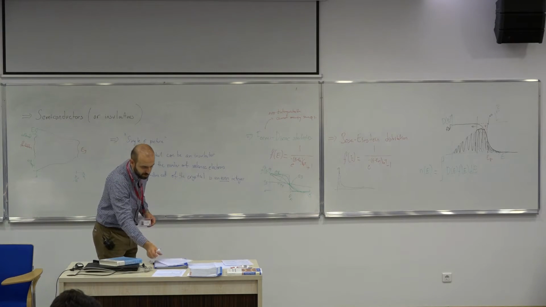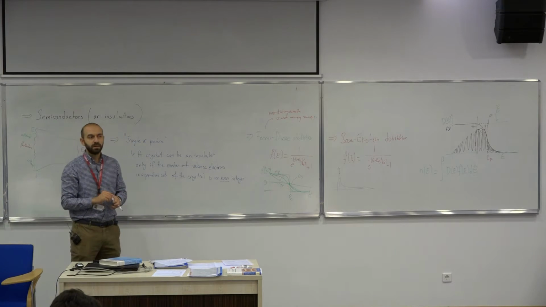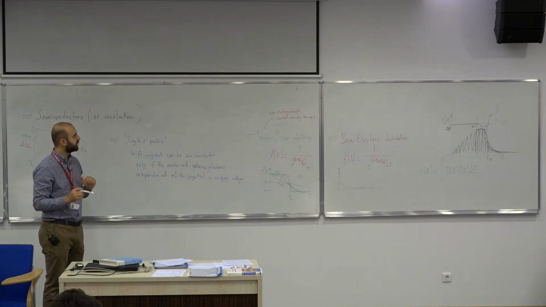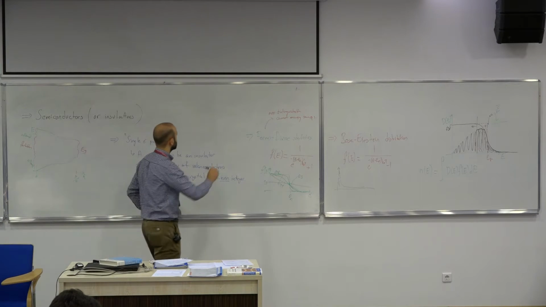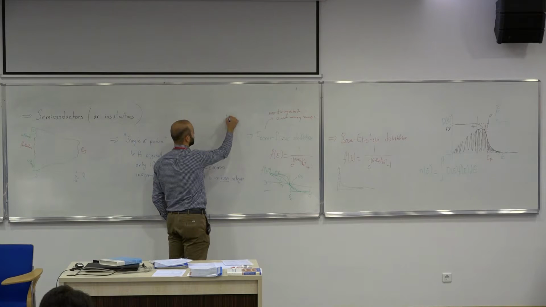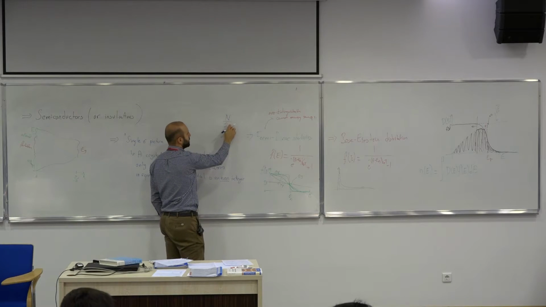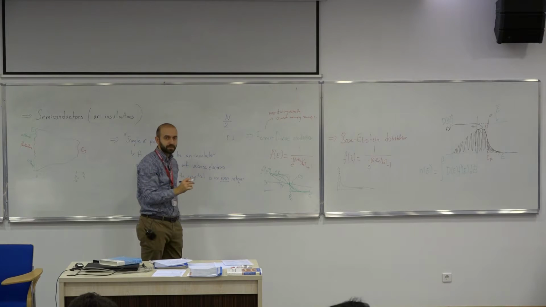This means basically when you start filling up your energy levels, we fill each state with each orbital, or if you like, with a spin up and spin down electron.